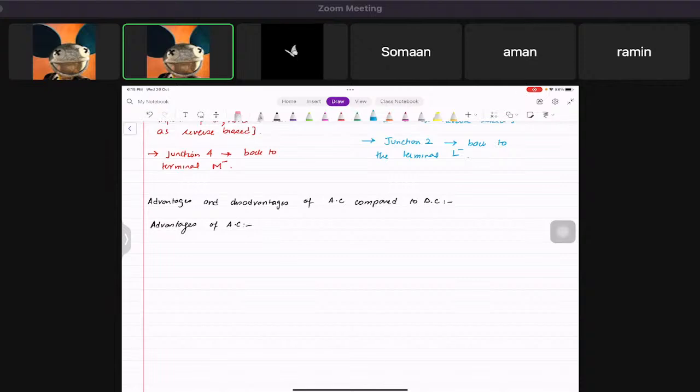Okay. So the advantages of AC is that in AC, power can be generated at high voltages.